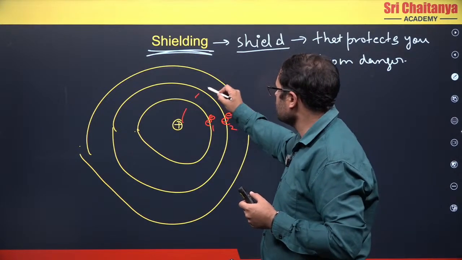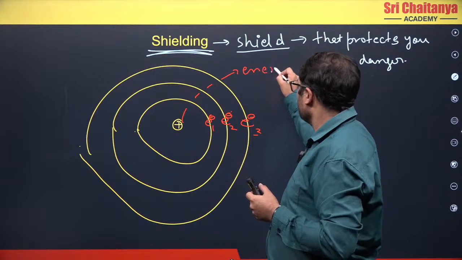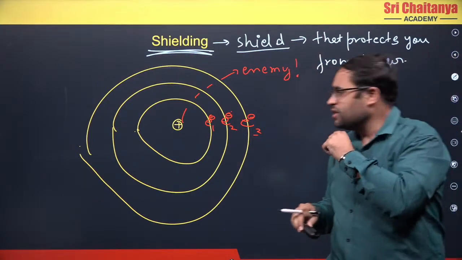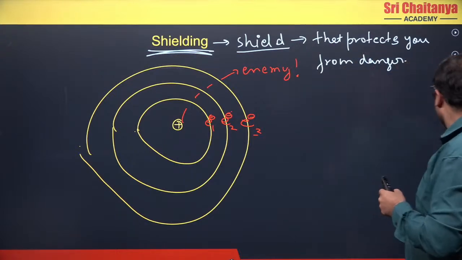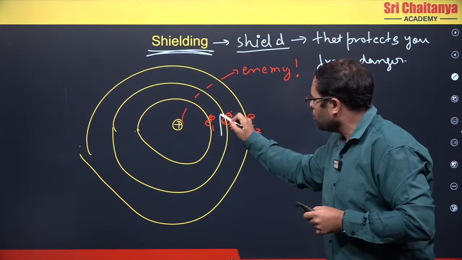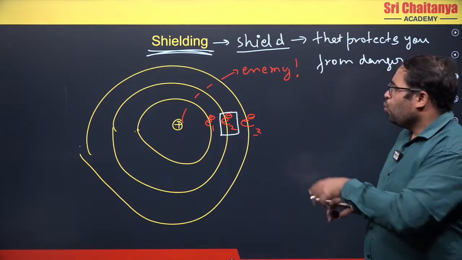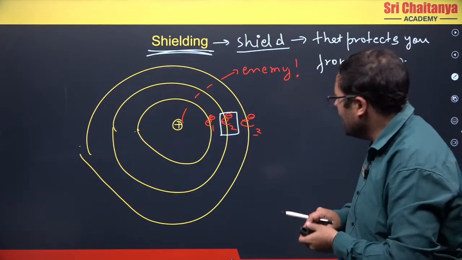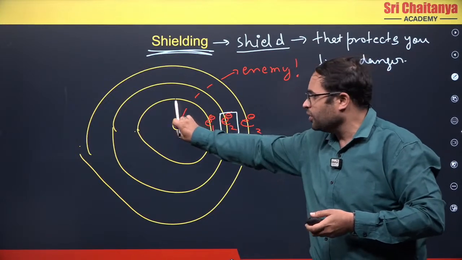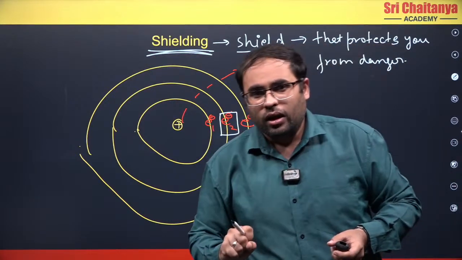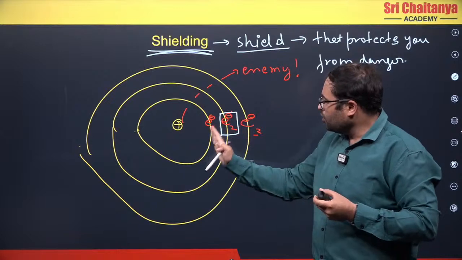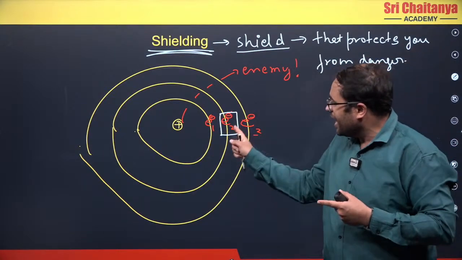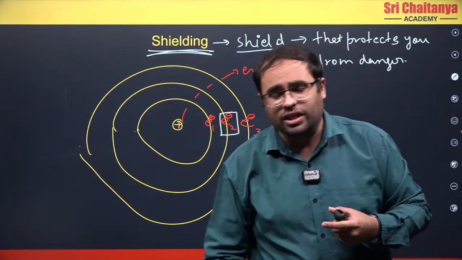If the nucleus is your enemy and I am focusing on electron 2, tell me which electron, 1 or 3, can shield electron 2 from the nucleus's power?